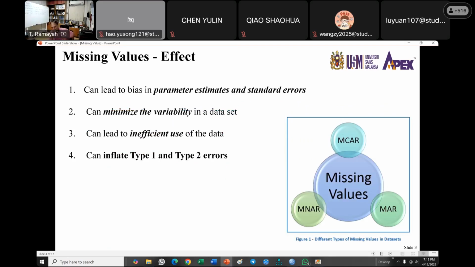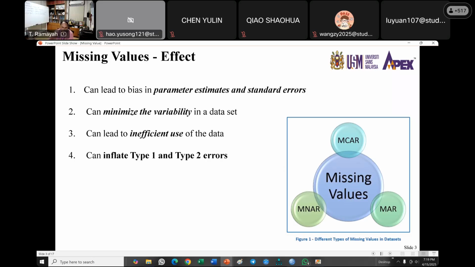Okay, why missing data is important is because of its effect on your analysis. When you're doing analysis, we will have two values that you are interested in, called your parameter and also the standard errors. The missing data will influence this parameter to be biased. That means your parameter can be higher than what it is supposed to be.